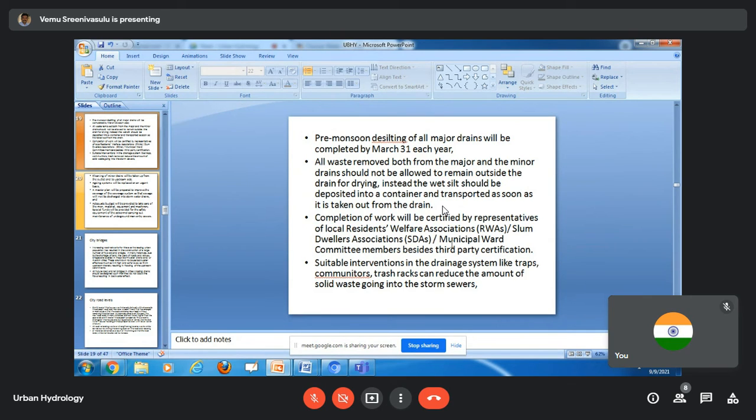Comminutors will cut the major solid waste into small pieces. So such things should also be there in the system, right?